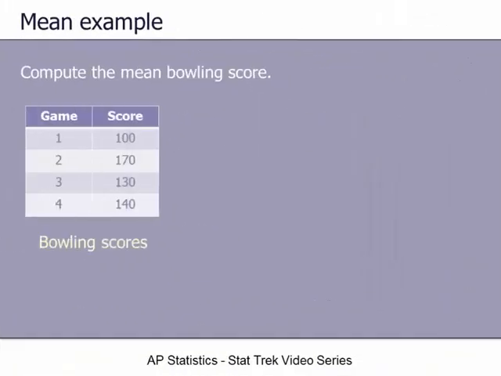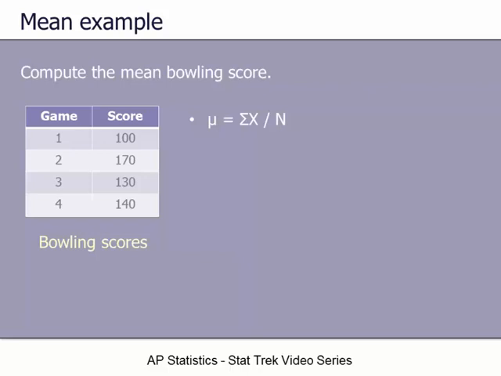Let's apply the formula for the mean to some data. Suppose we want to compute a mean bowling score, given the scores shown in the table. We begin with the formula for the mean score. The mean is equal to the sum of bowling scores divided by the number of scores.